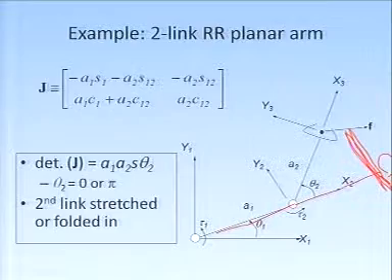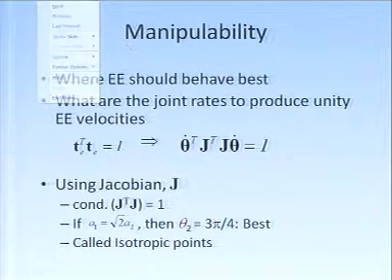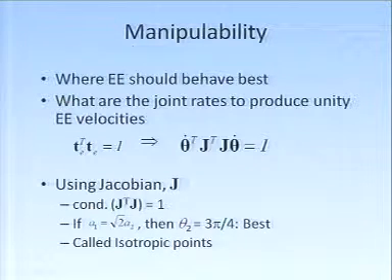So, using this information of J, we can bring the concept of manipulability. Earlier in statics we studied the force ellipsoid, but here in velocity we bring the concept of manipulability, how easy it is to manipulate, so where the end effector should behave best.